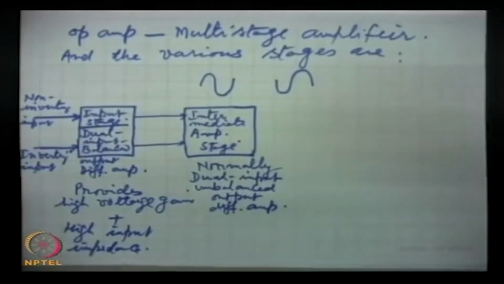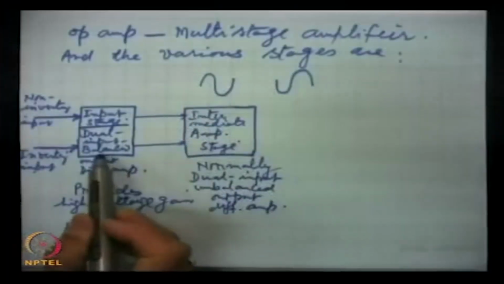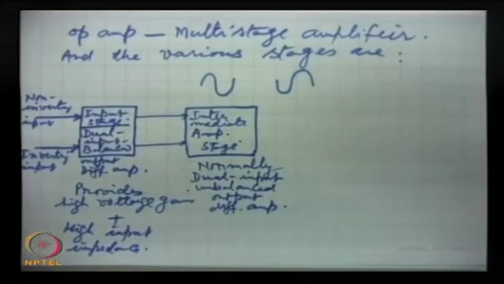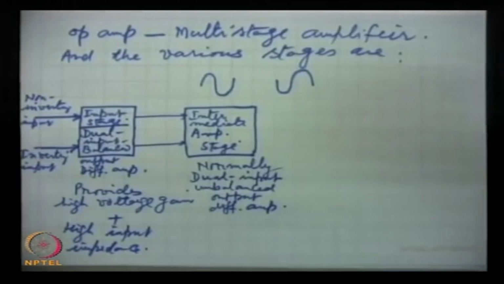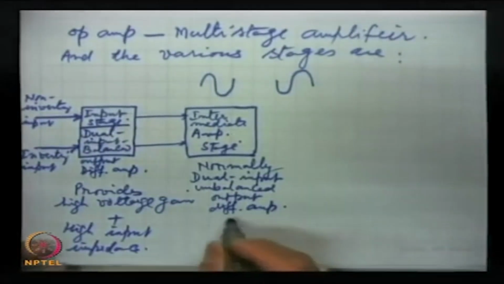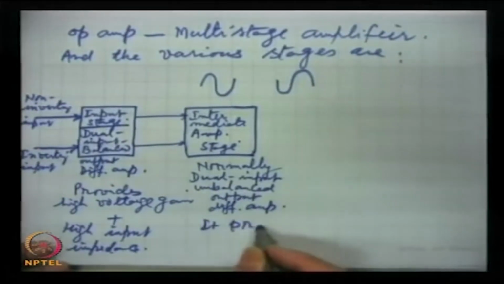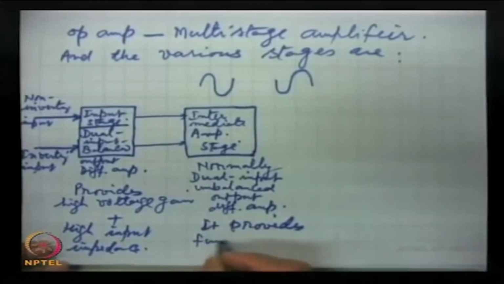Now, I am sure you are familiar with the terminology dual input, balanced output, and this is unbalanced output. That means the output is taken from collector C2 of the differential amplifier. So, obviously it provides further amplification.